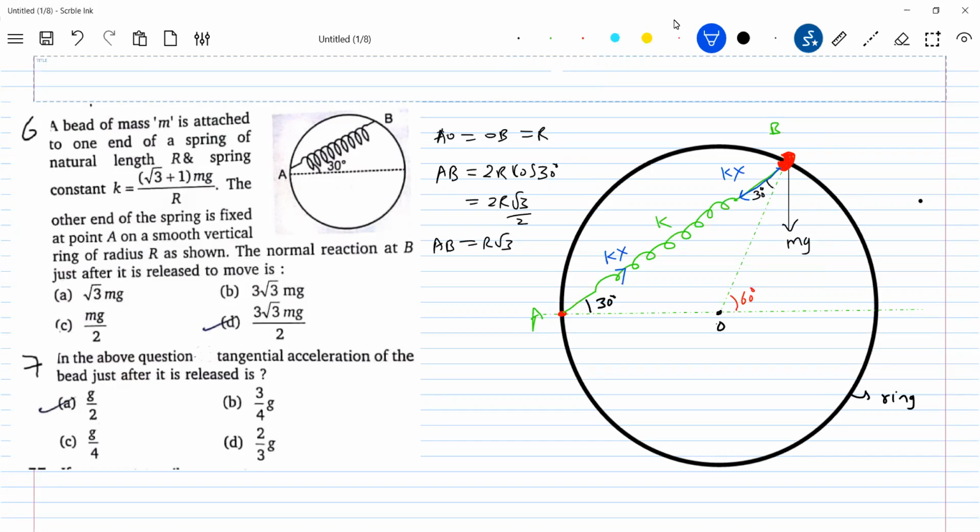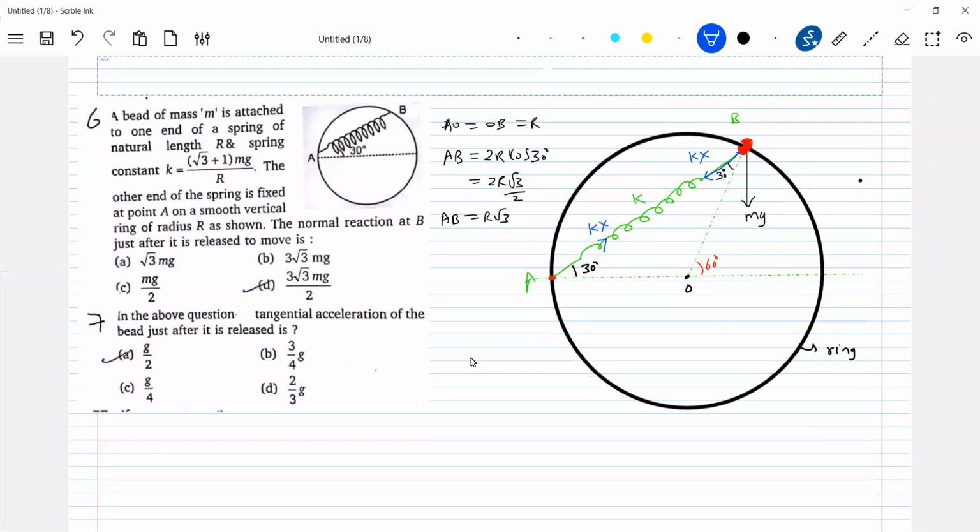Now, how to calculate that elongation in the spring? That has to be determined. This is the basic thing he has given. So here we'll go like this.